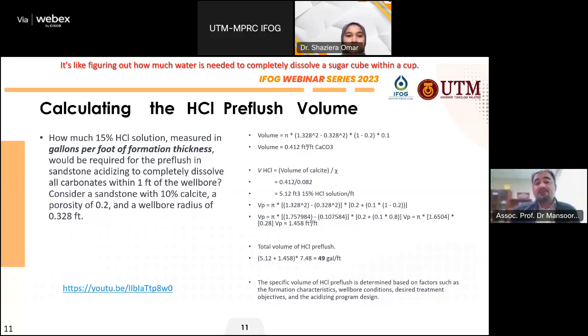We need to know the volume of formation, and then we need to know the amount of calcite that is present. For example, here, the amount of calcite is 10% of the sandstone rock. And then we need to know the chemical reaction between the HCl and calcite in order to come up with the stoichiometry and calculate the amount of acid. And then we need to come up with the percentage of the acid. And then, of course, we need a conversion factor.